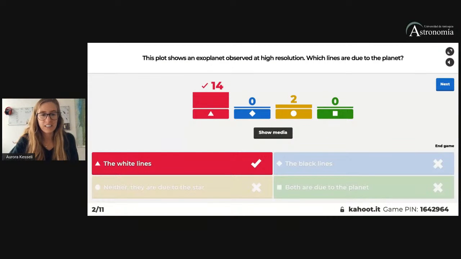Okay, great. Most of you got this one, but the white lines are from the planet. So when you're actually observing an exoplanet at high resolution, you can actually see the lines of the planet. Whereas when you're detecting radial velocity exoplanets, you're just looking at the star and detecting the wobble. But when you're observing the transits or the emission spectrum of the exoplanet, you actually are able to directly resolve the lines of the planet.